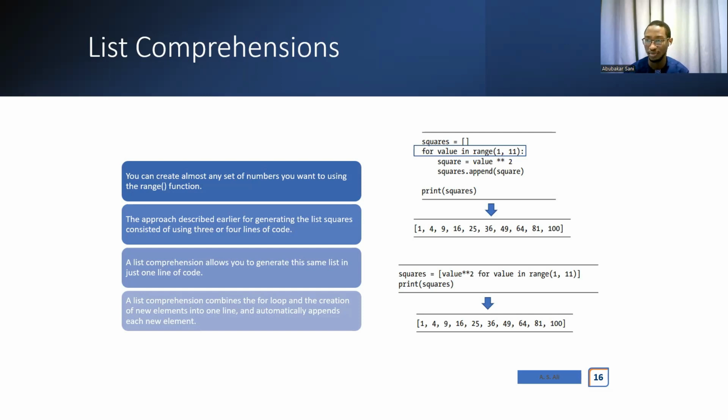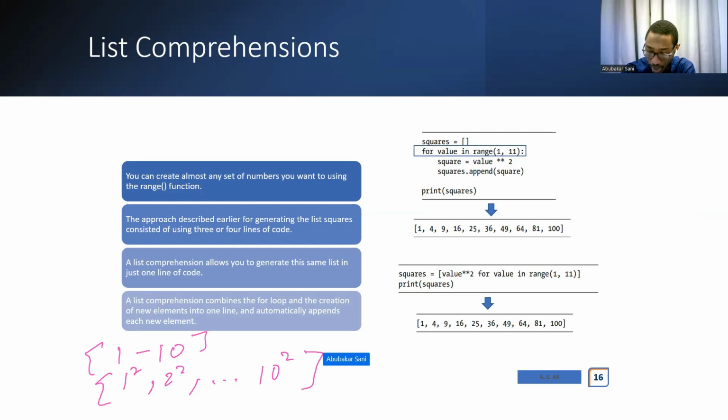Let's say we have a list of numbers, very simple numbers, 1 to 10, and we want to create another list of numbers, which is the squares of the numbers 1 to 10. 1 square, 2 square, up to 10 square. So instead of having two separate lists, we can say, why don't we create this one from this one? Because this one is dependent on this one.